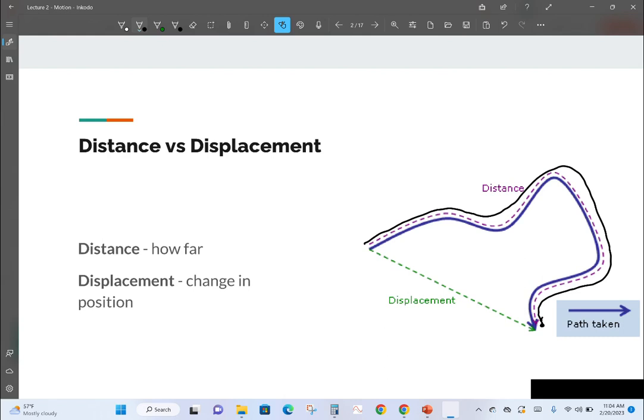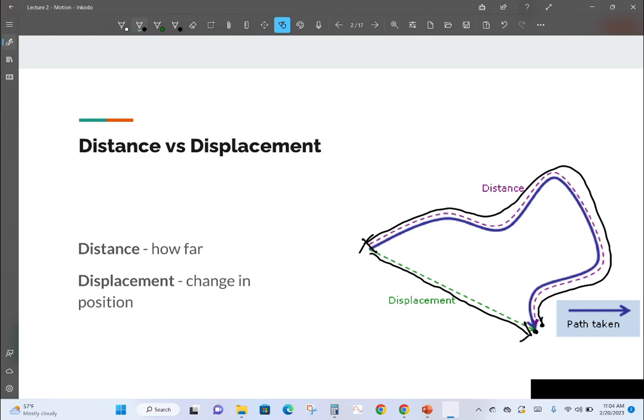But my displacement in physics is my change in position. So I started here and I ended up here. My displacement is how far and in what direction I am relative to where I started. And as you can see in this example, the magnitude of my displacement, the value of it, is way different than the distance. Distance and displacement are both measured in meters, but one is associated with a change in position, and that means that you have to also designate the direction that you went.